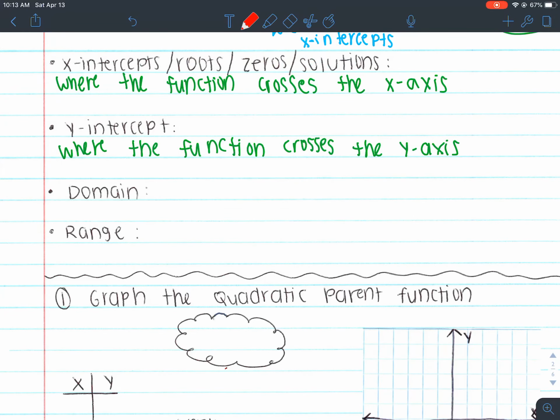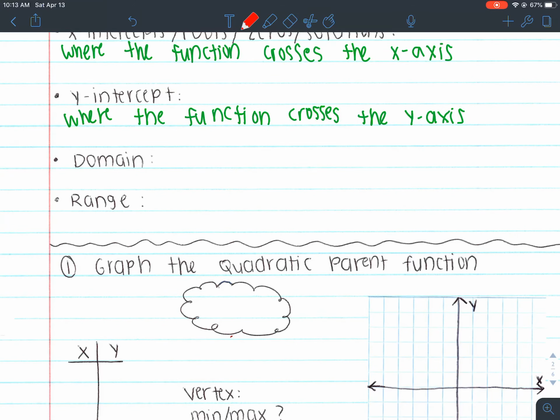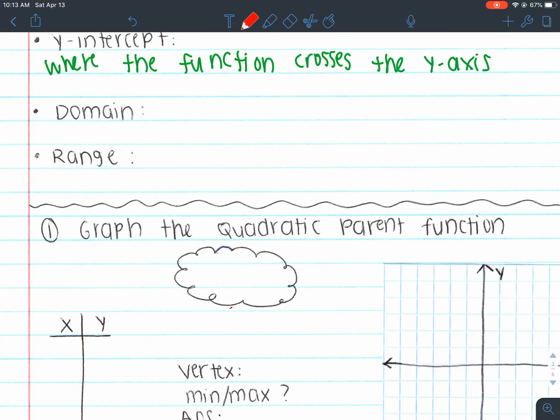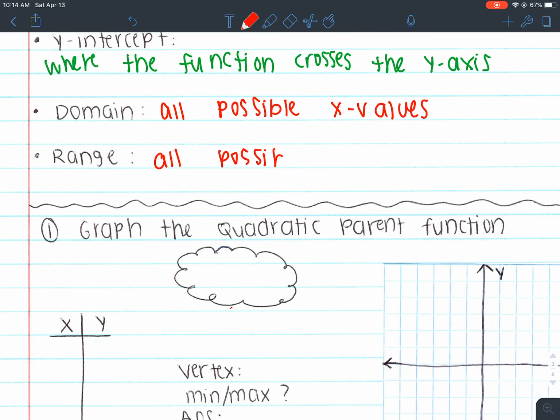All right, so I know it's not our favorite thing to do, but it is something that we do need to identify. And later on in the notes, I'll show you just a quick way to remember what to do each time so you don't have to think about it too much. Okay, so domain is all of our possible x values. Remember, domain has to do with x values, so it's all of our possible x values. And range would be all of our possible y values.